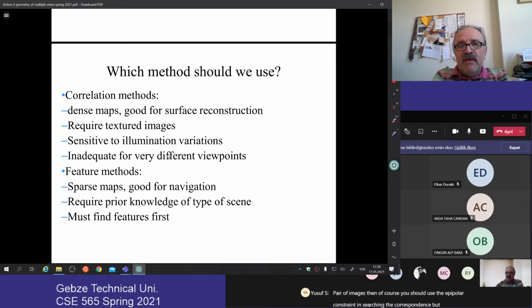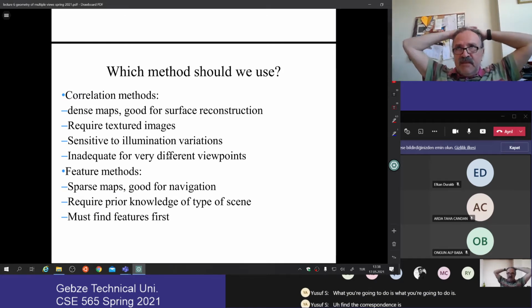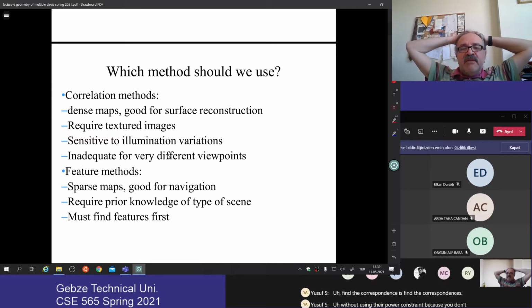But usually, you are just given two images without any epipolar constraints. In that case, what you're gonna do is find the correspondences without using the epipolar constraint, because you don't have the fundamental matrix.